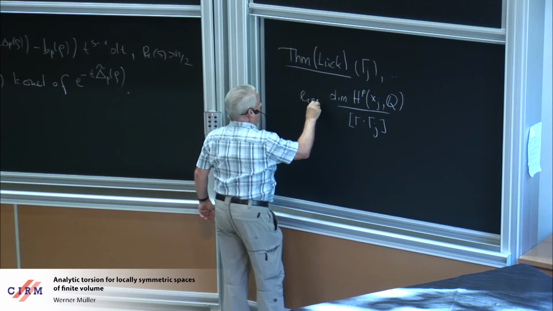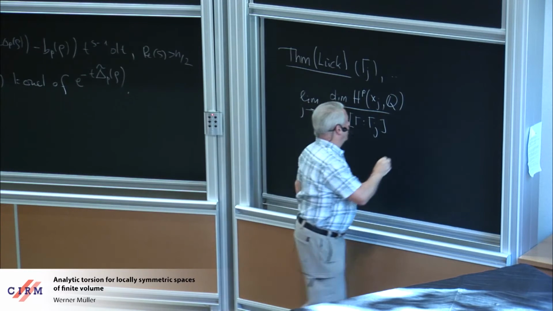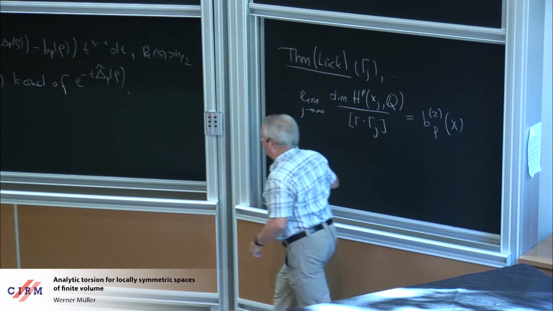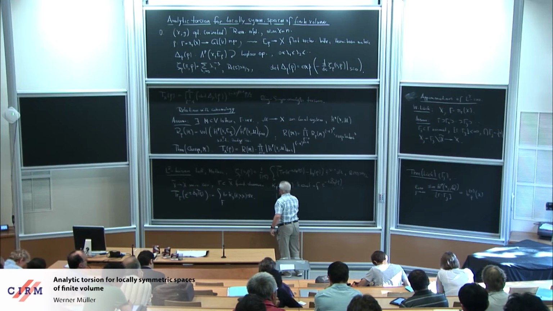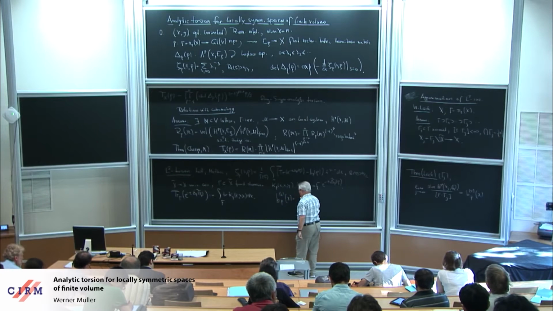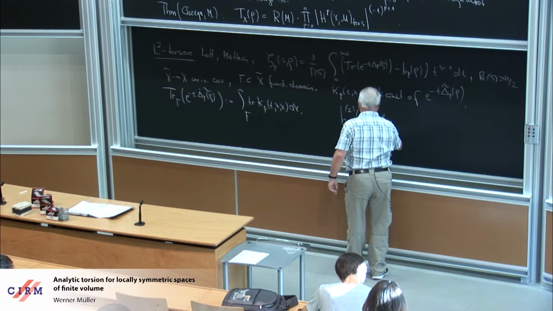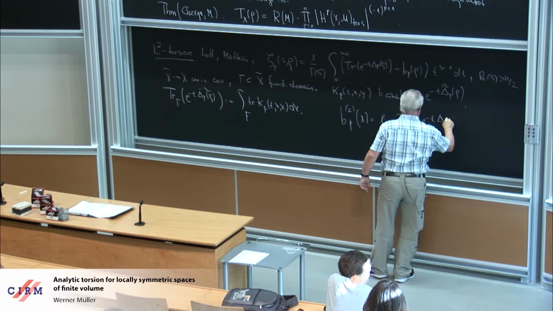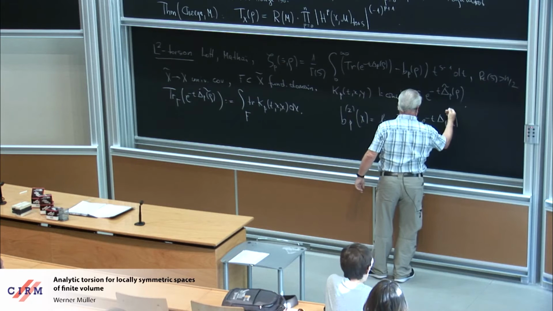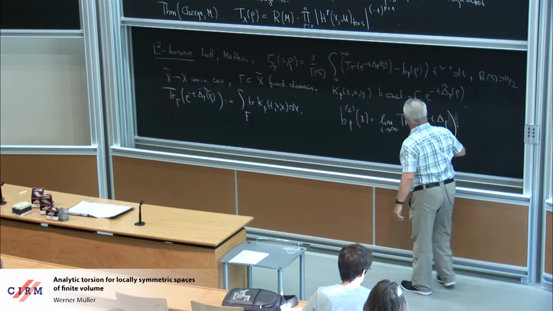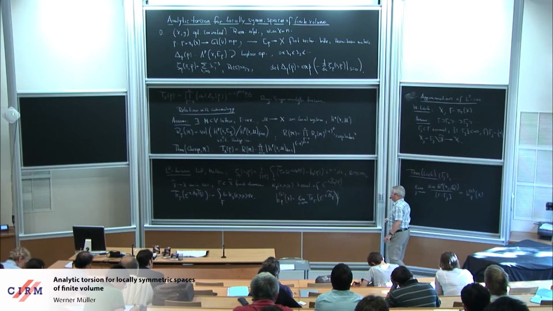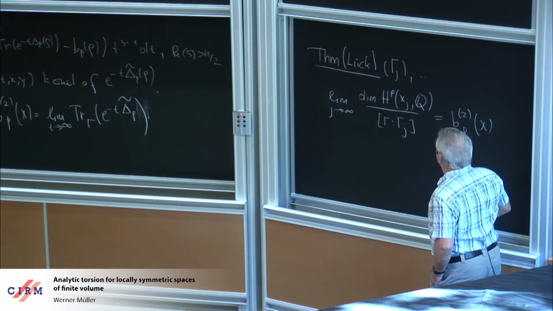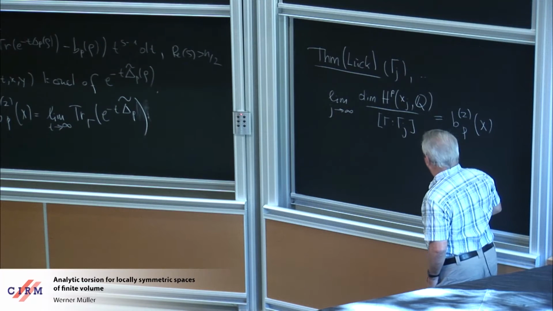Then this has a limit if j goes to infinity, and this is the L2 Betti number of X. Well, the L2 Betti number is just the limit, so take this gamma trace and the limit if t goes to infinity. So this is the L2 Betti number in this case. Well, this is a sample of a theorem which approximates, so to speak, the L2 Betti number by the renormalized Betti numbers of the finite coverings.